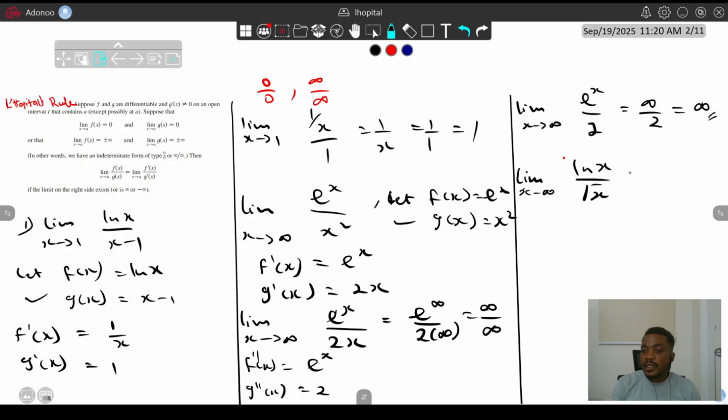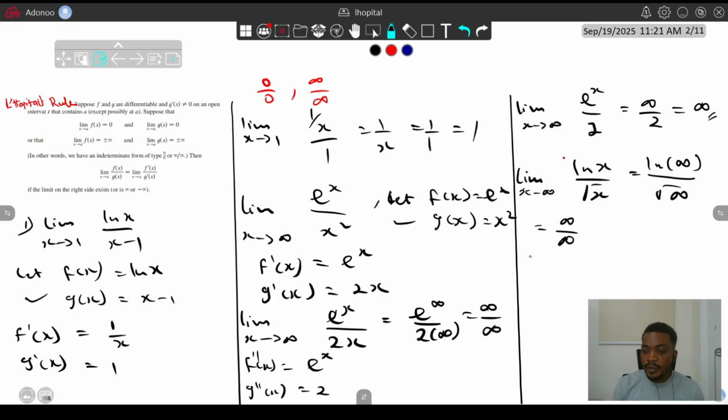Obviously, if we insert the limit point, we have ln of infinity all over square root of infinity, right? And what does this give us? We realize that we have the indeterminate form infinity over infinity. Therefore, we are allowed to apply L'Hopital's rule.